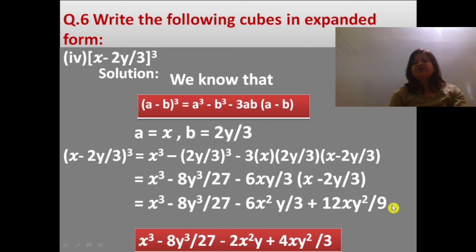So −2x²y + 4xy²/3, because we have divided 12 by 3. So 4xy²/3.